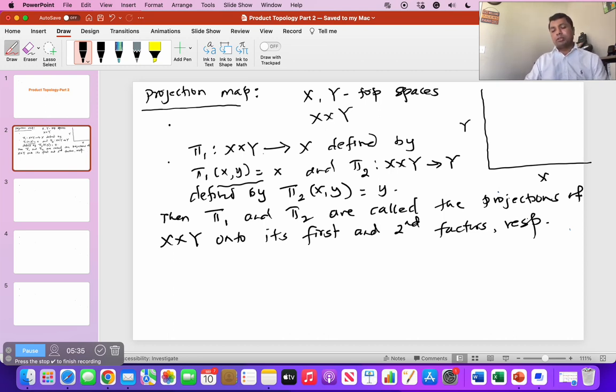Pi 1 is called the projection onto the first set, and pi 2 is called the projection onto the second set, which are defined like this.